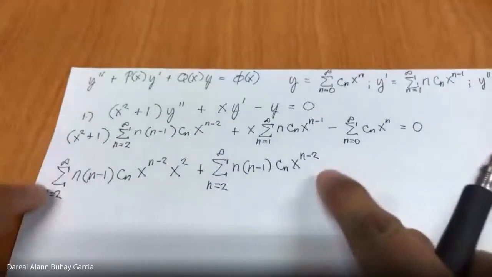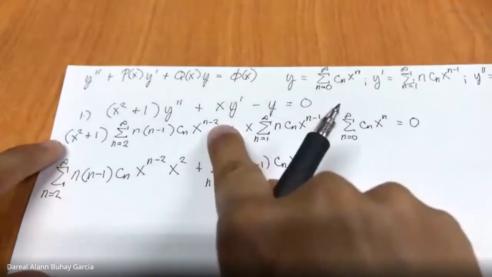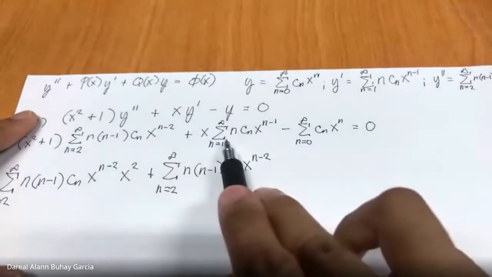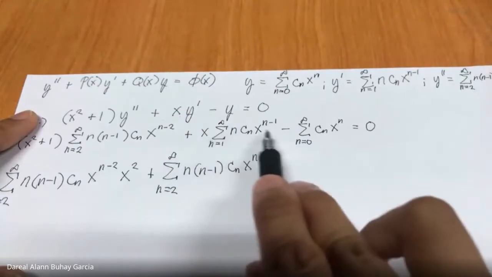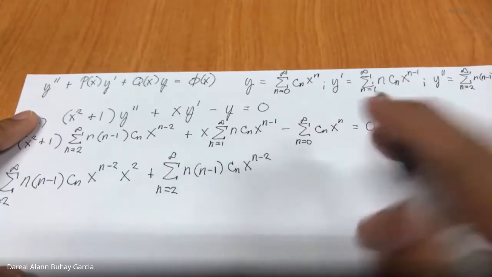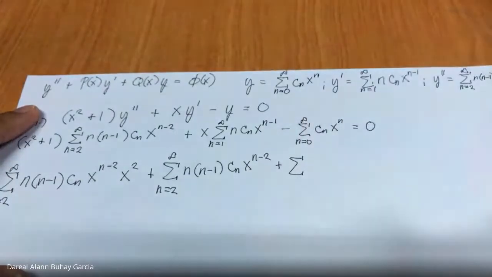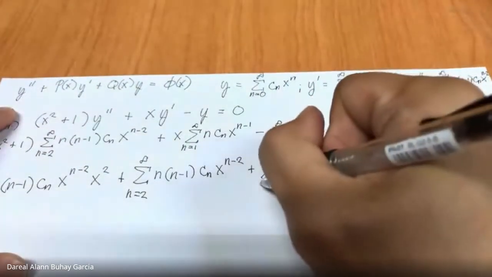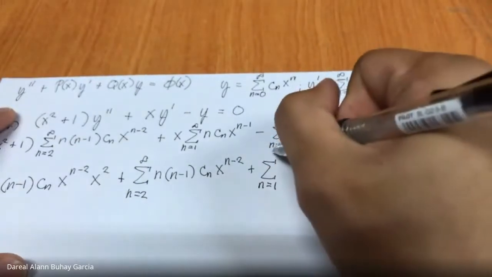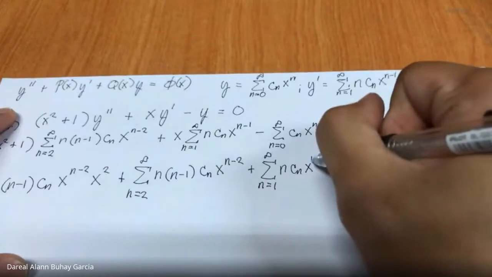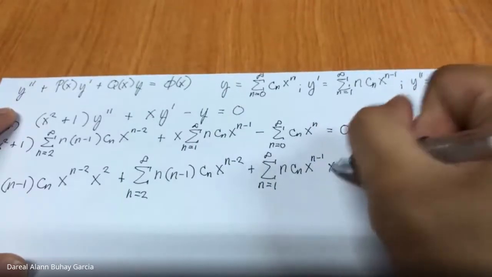Then we put in x here, so x to the power of n minus 1 plus the summation of n is equal to 1 to infinity of n c sub n x to the power of n minus 1 times x.